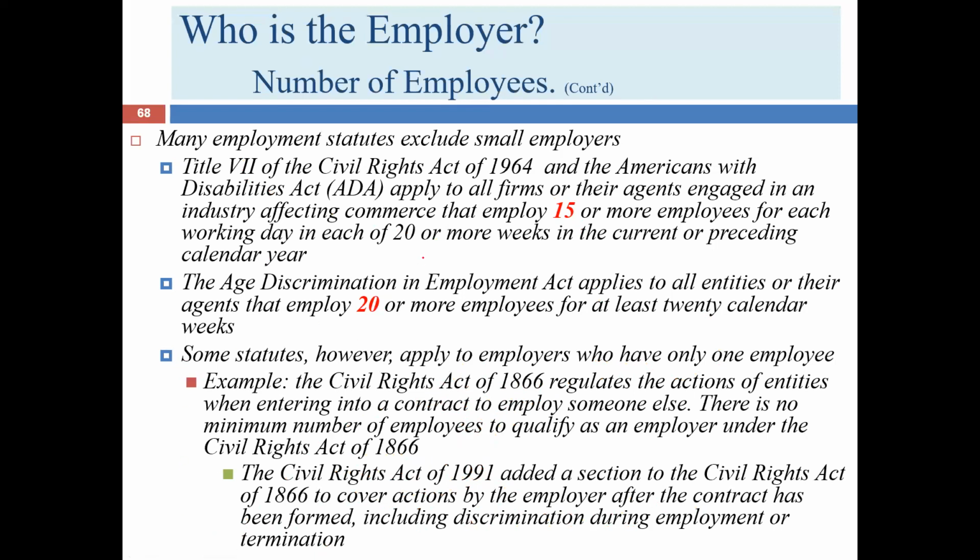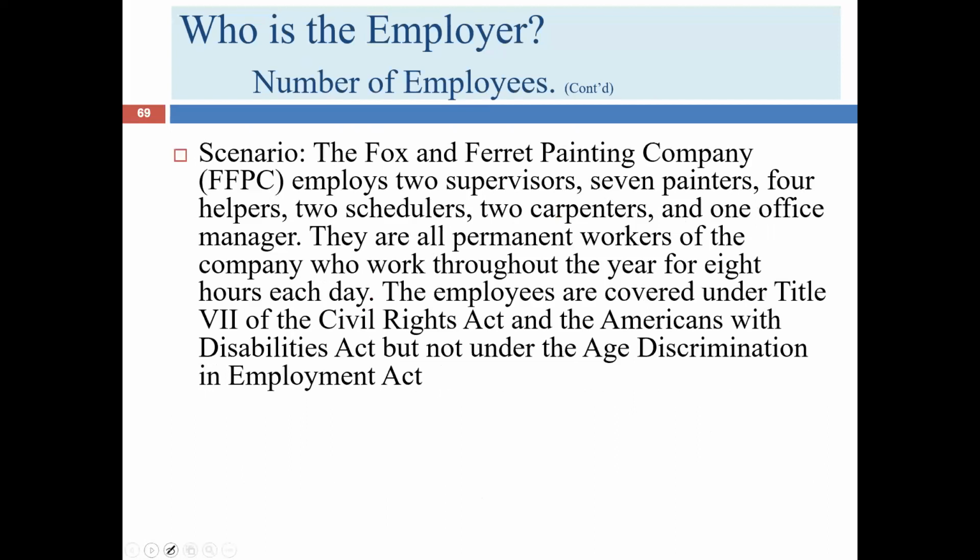So going back to my example of only having 12 employees, if somebody wants to file a race case against me with only 12 employees, they're not going to be able to do it under Title VII, but they will be able to do it under the amendments of the Civil Rights Act of 1991, because race is one of those covered categories under this law. It won't apply, though, to sex discrimination. I can't be sued for sex discrimination under this particular statute, so the 15 would still be in effect under those circumstances. So there's lots of details there.